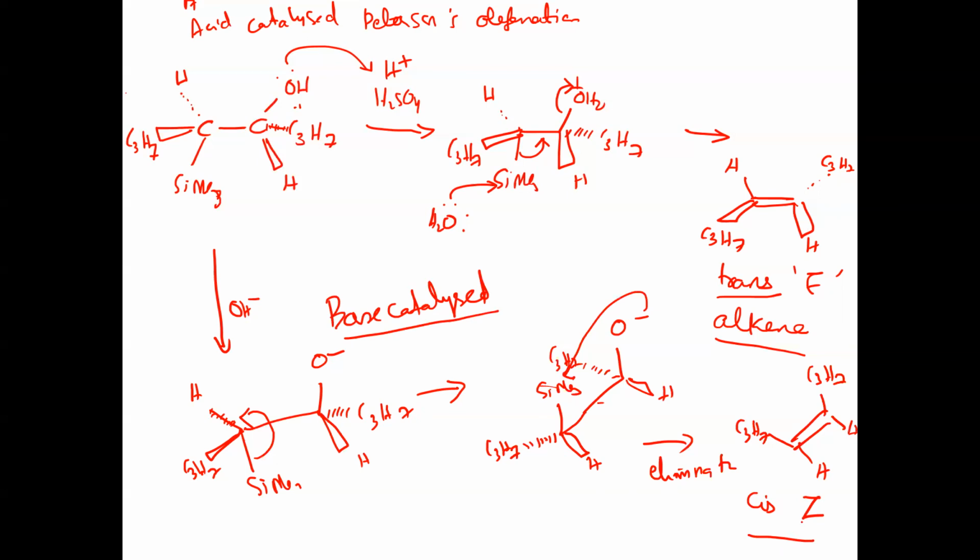But in presence of acid catalyzed Peterson's olefination, we will be getting the trans product. So that's the difference in the Peterson's olefination. These are some of the examples of Peterson's olefination. Thank you very much.